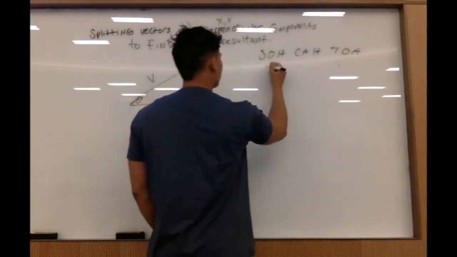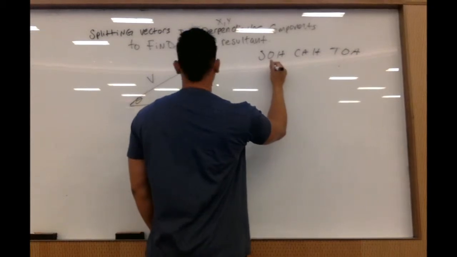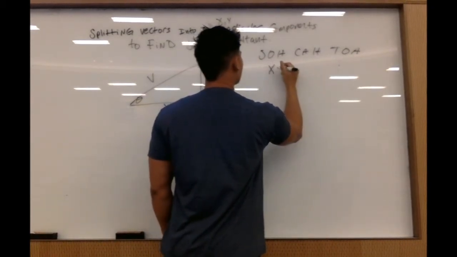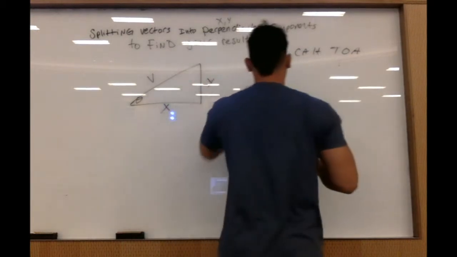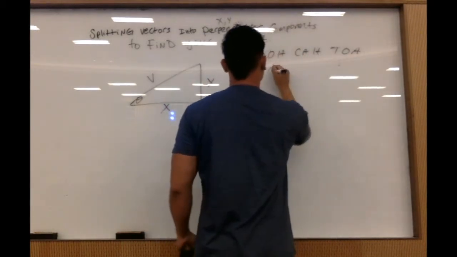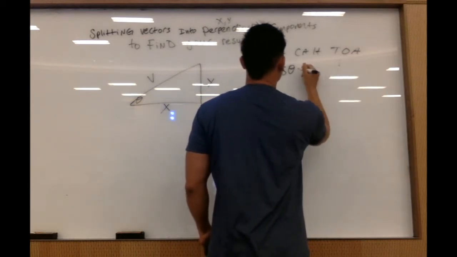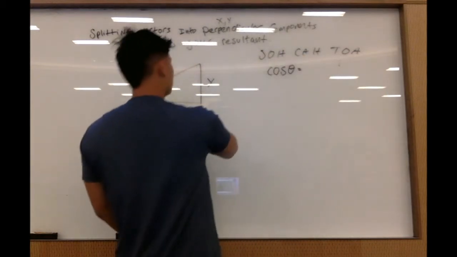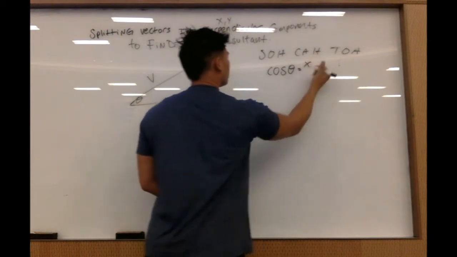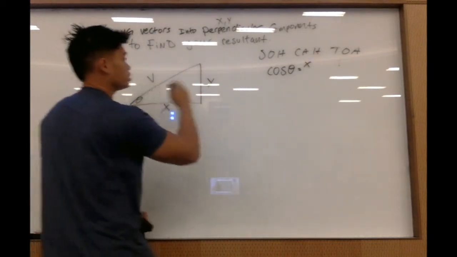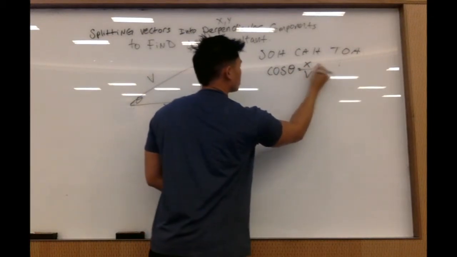So that will be cosine is adjacent over hypotenuse, which is your v, or vector.